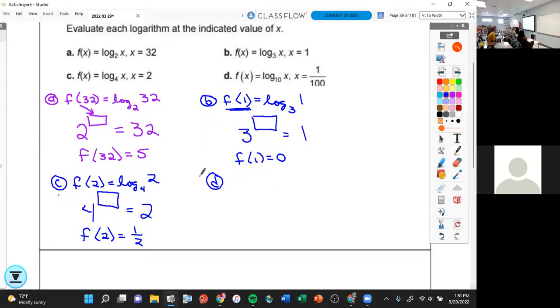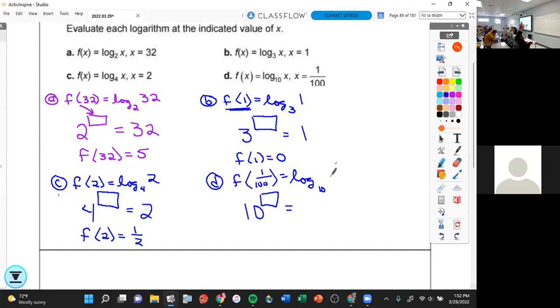And D, we have f of 1/100 equals log base 10 of x. What is my base? 10. What is the power? Don't know. We don't know yet. What does it equal to? That's not supposed to be an x.